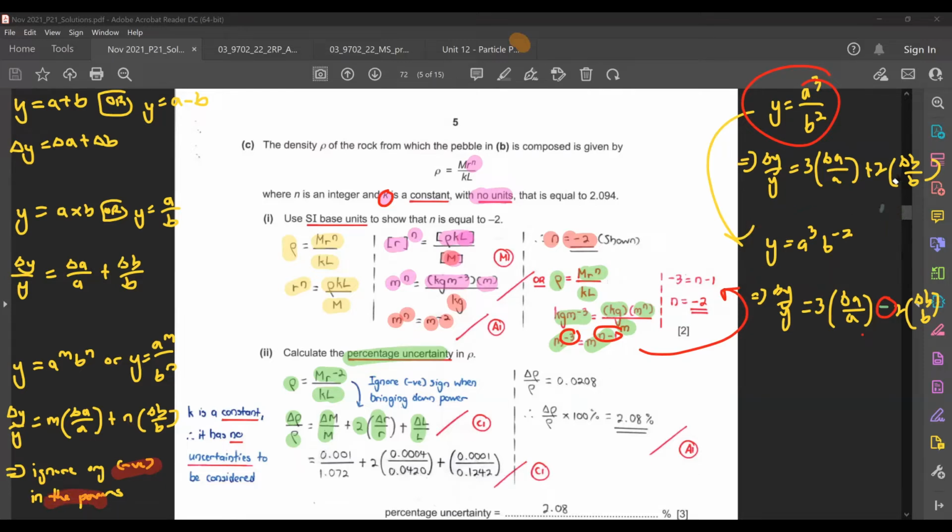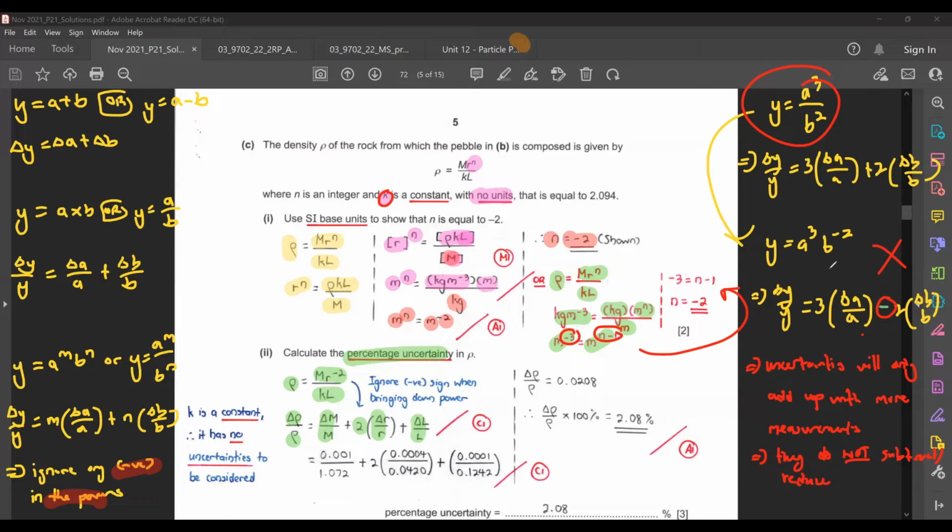Another thing to note here is that the other reason why we don't put negative is because uncertainties will only add up with more measurements. They do not subtract or reduce.